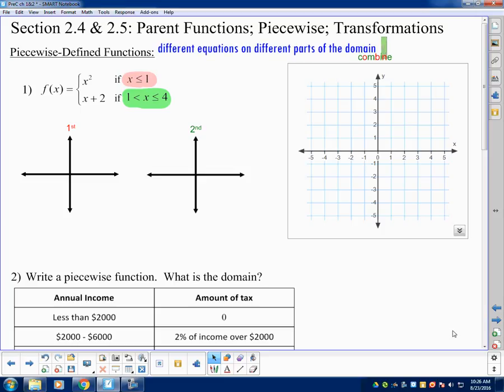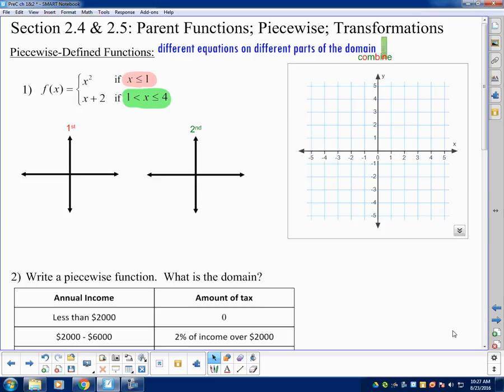Sometimes when we're doing maybe statistical data, we might collect some data and see that over a certain domain, one function is the best fit, and over another domain, a different function is the best fit. And so we maybe define the function in different parts to suit the different parts of the data set. So piecewise defined function. We'll go ahead and look at those first.